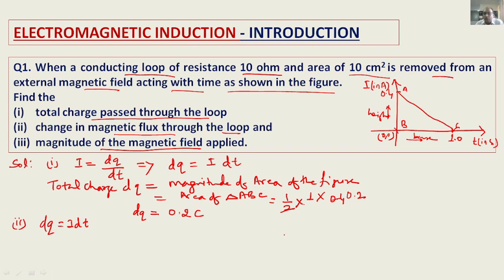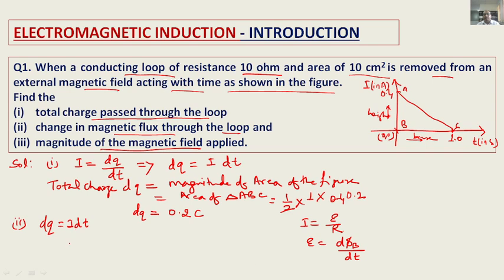Now I. We know that I is equal to epsilon by R, that is EMF by resistance, and EMF is equal to d phi b by dt.